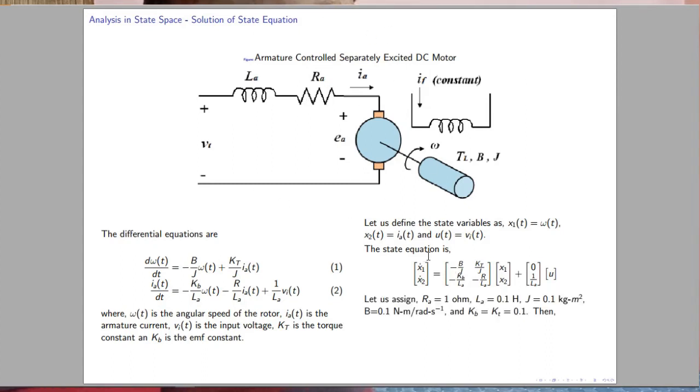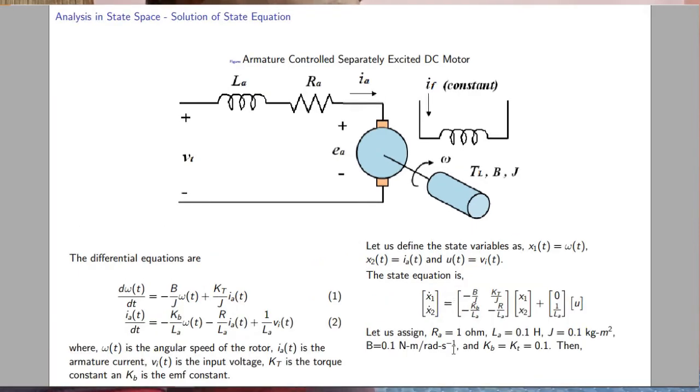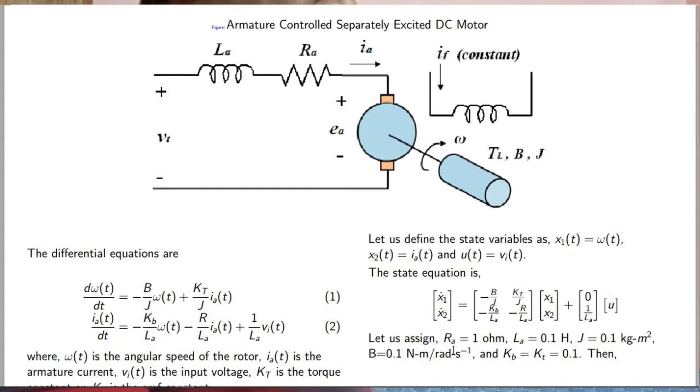Now we will assign some values for these parameters. Ra we will take as 1 ohm, La is equal to 0.1 Henry, J is equal to 0.1, B is equal to 0.1, Kb and Kt are equal to 0.1 again.